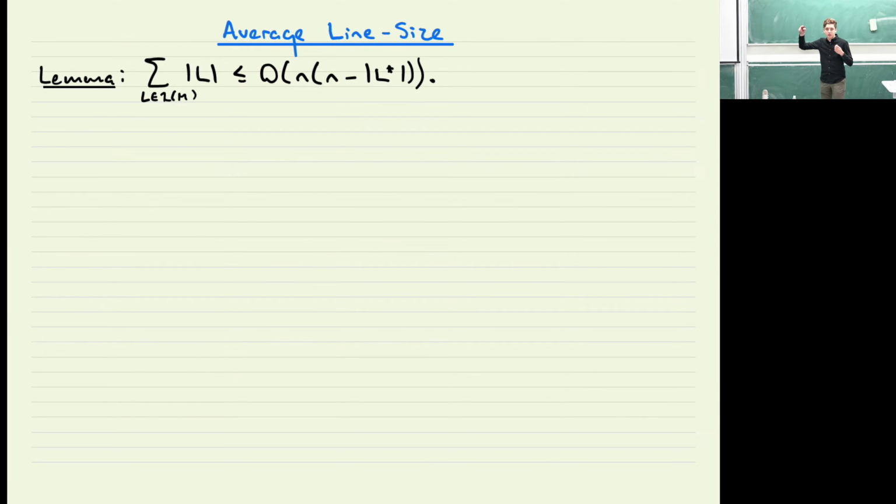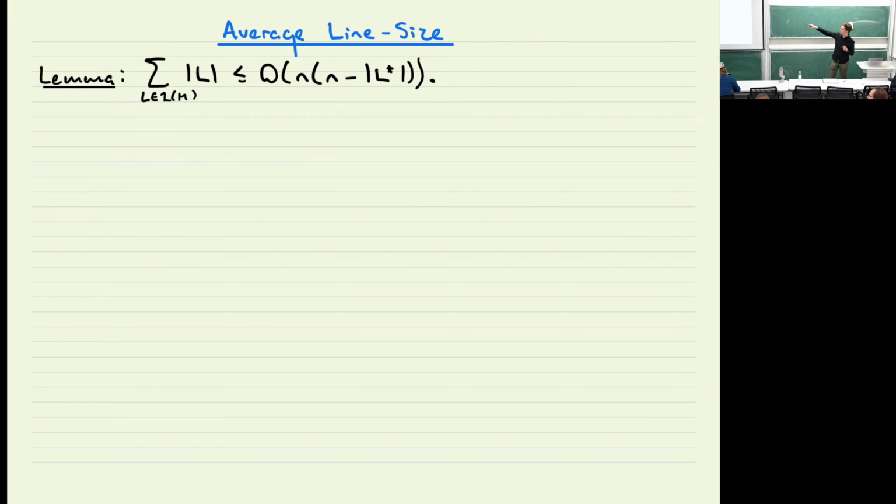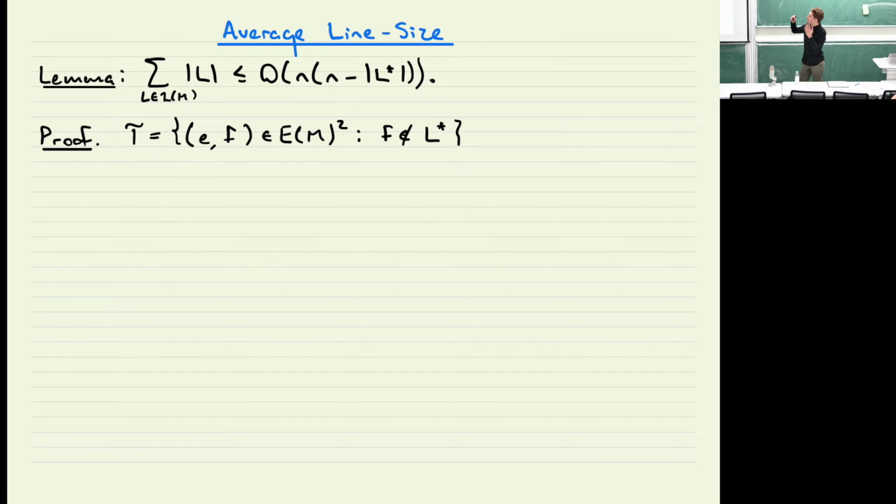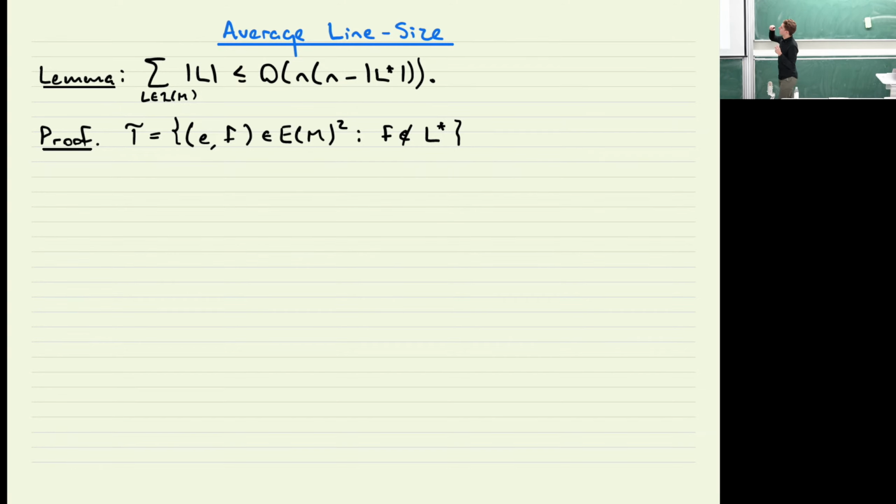So in order to bound the average here, now we have to show that the aggregate size of the lines is also bounded above by a constant multiple of this estimate. And to do that, we're going to consider a similar sort of picture, but what we want to ask ourselves is what this quantity on the right-hand side is counting.